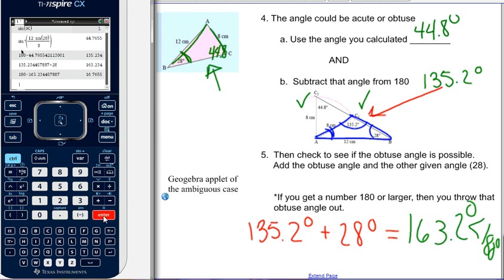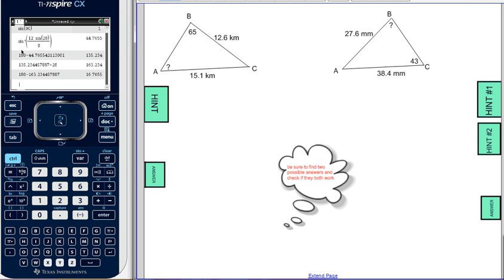We don't have to find that angle as part of our solution anyhow, but just so you're aware. So our two solutions are: angle C is equal to 44.8 degrees, and it's equal to 135.2 degrees.